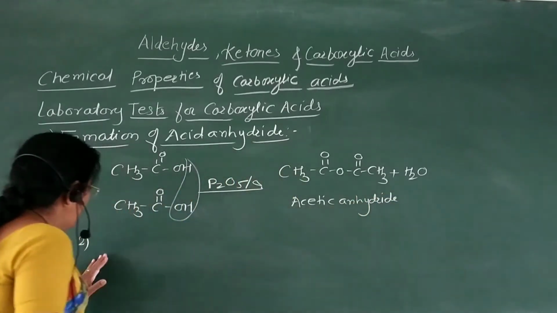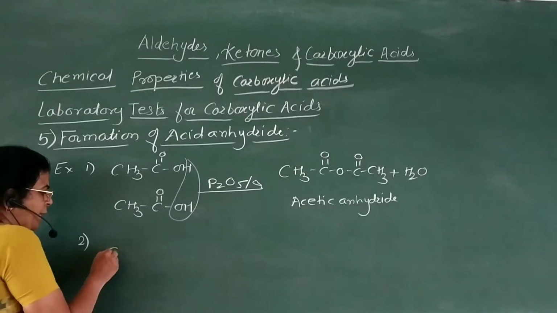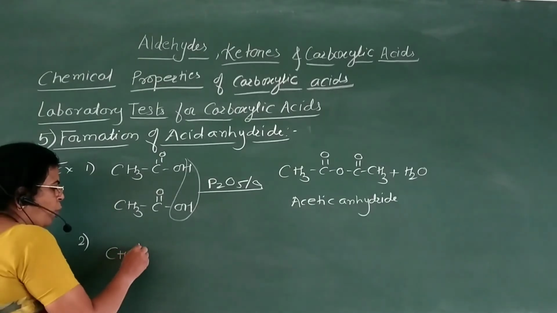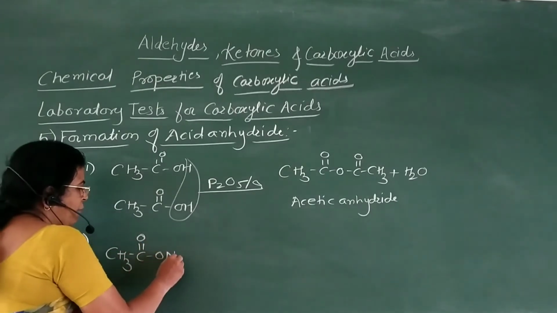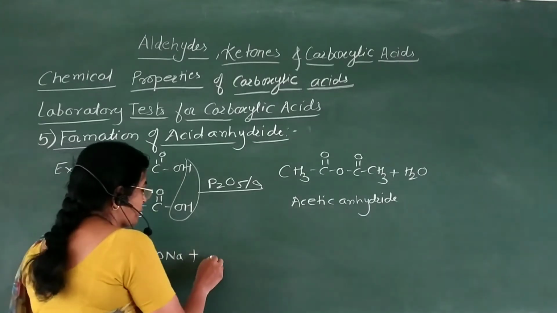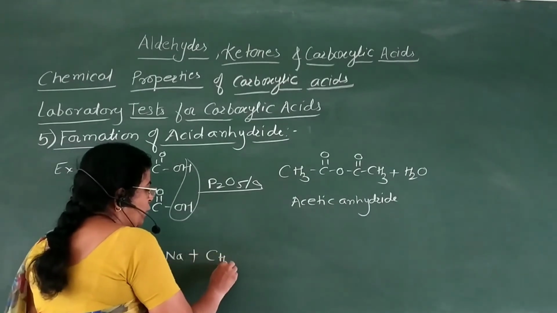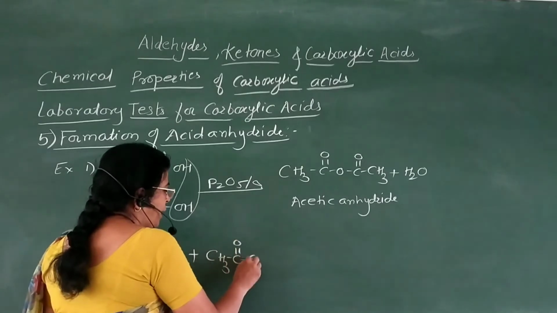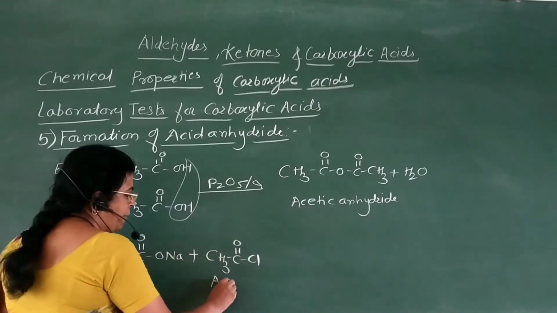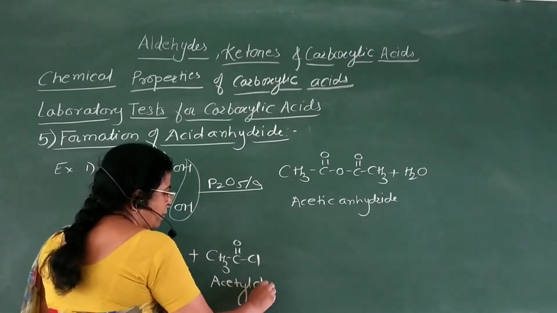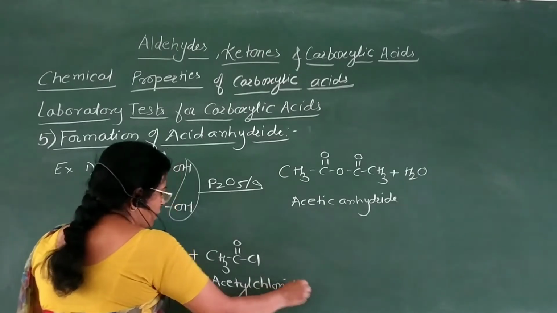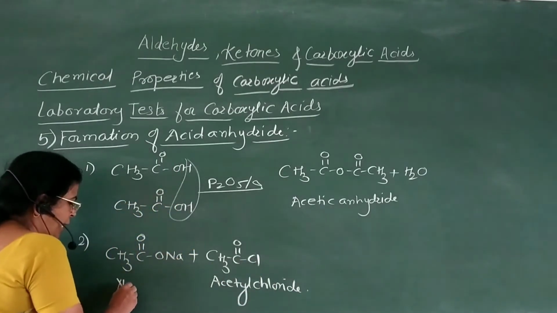Then second example, when sodium acetate, that is CH3COONa, is treated with CH3COCl, that is acetyl chloride. This is acetyl chloride, and this is sodium acetate.